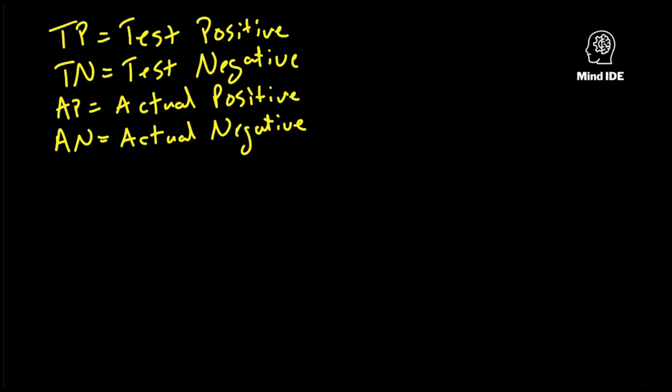So how do we do this? We go P of TP given AP. So what this is: you test positive given you're actually positive. So we know that is 95%, which equals 0.95.